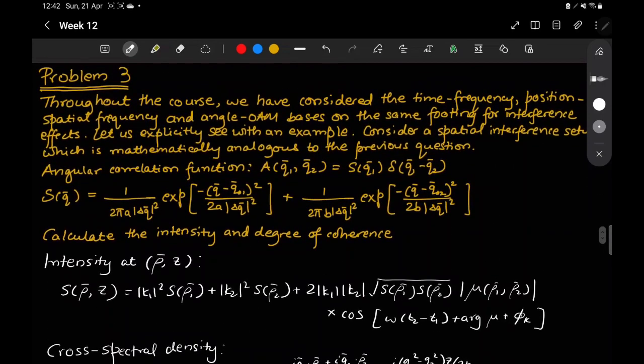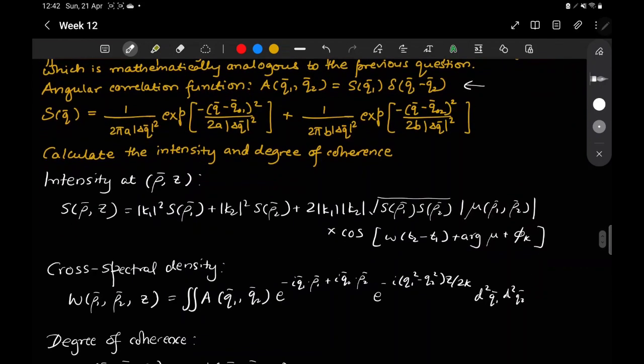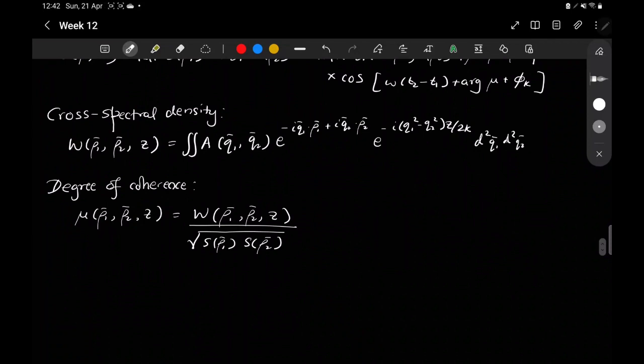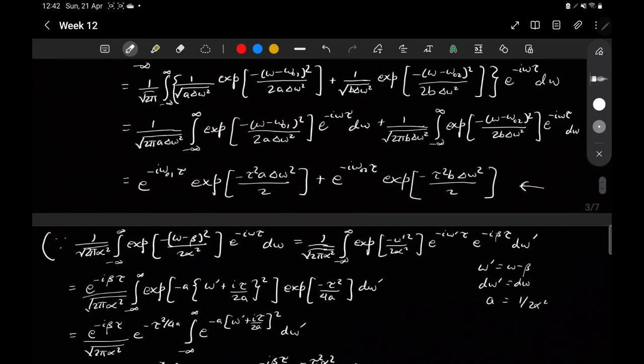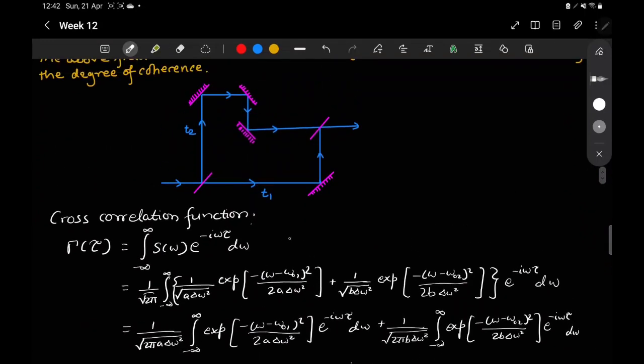Now, because of this particular form of angular correlation function, the cross spectral density function as a function of rho1, rho2, z will actually reduce to W of delta rho, and this is in analogy with the one we had for time.